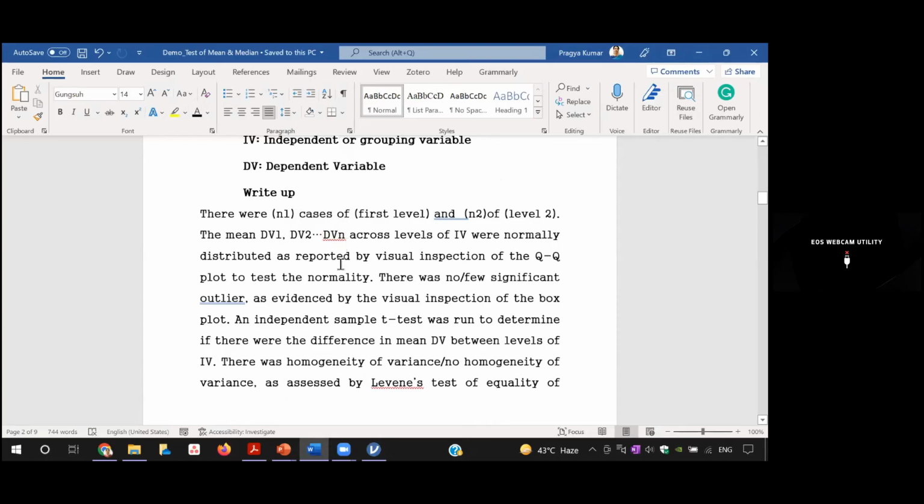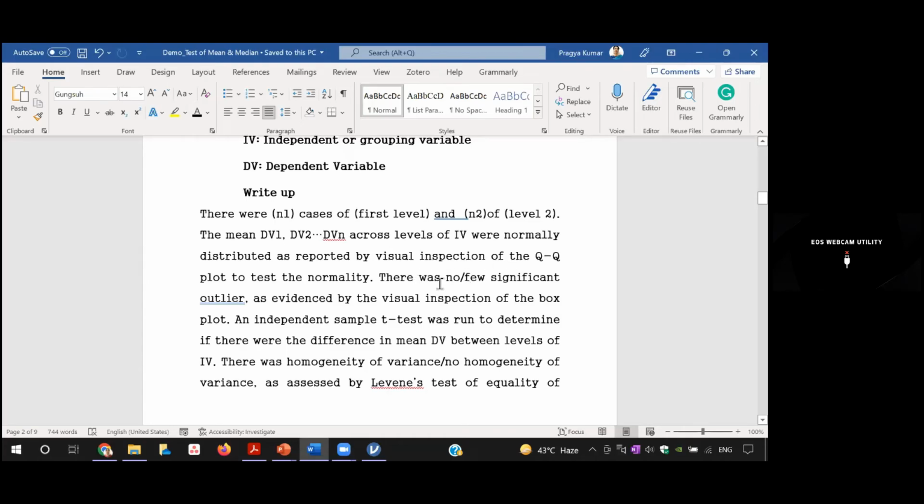And then you can write that the dependent variable, the mean value of these two across levels of the independent variable, was normally distributed. This we are writing as an assumption, as reported by the visual inspection of the QQ plot to test for normality, or you can write that it was not normally distributed.